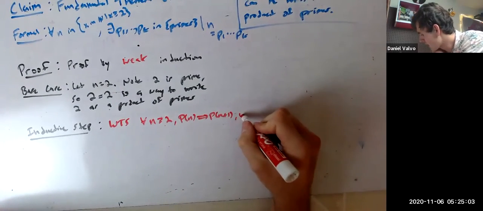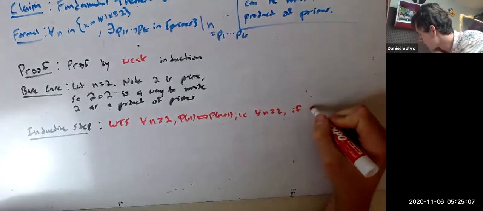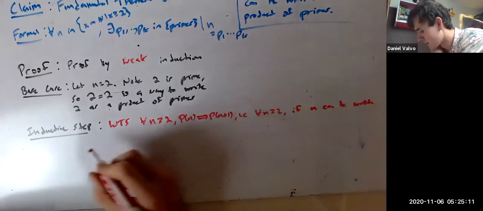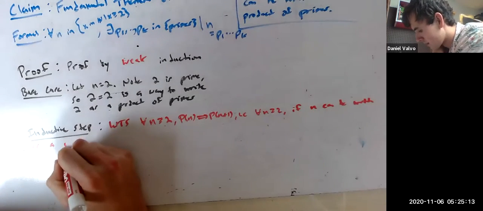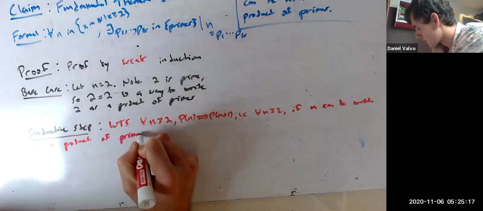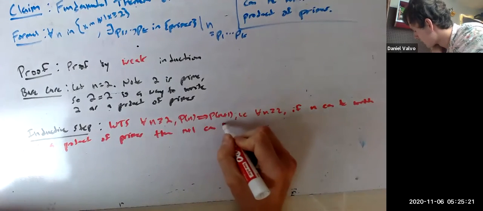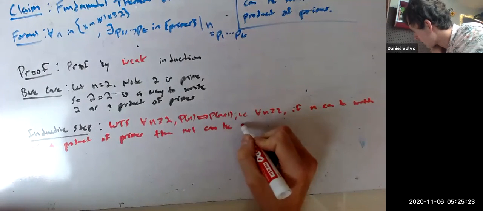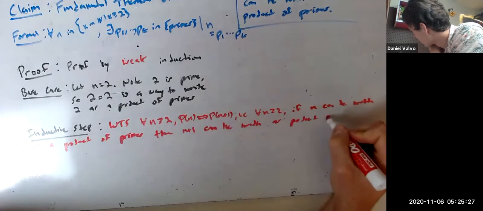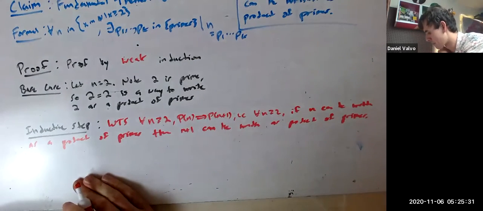So, i.e., we want to show that for all n greater than or equal to 2, if n can be written as a product of primes, then n plus 1 can be written as a product of primes.